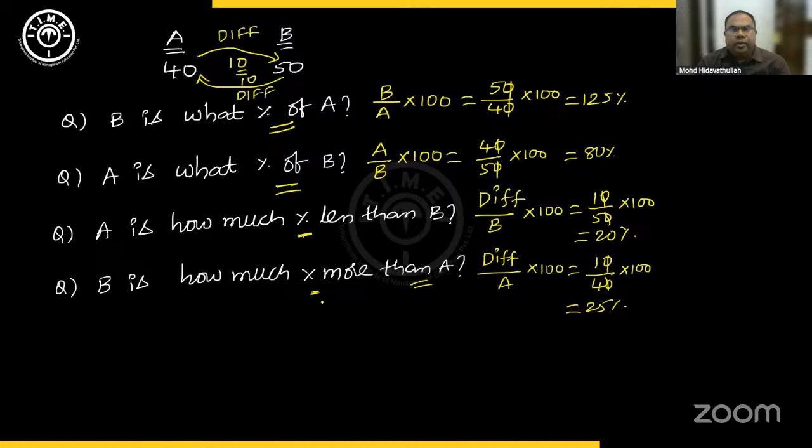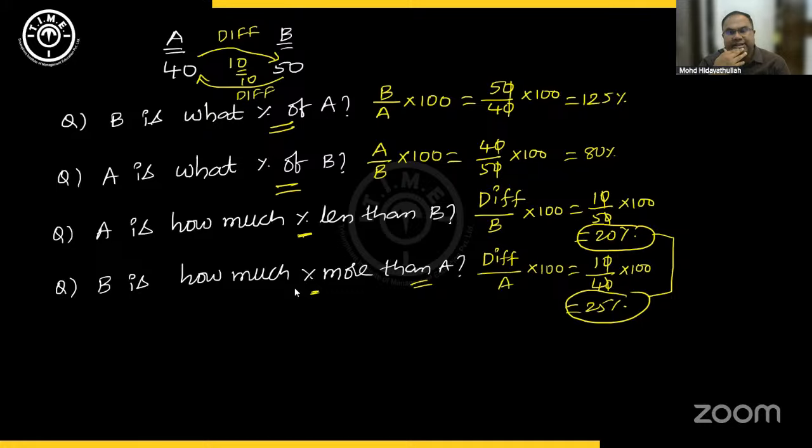Right? Now, when it is numbers, either way it is the same, no? A is 10 less than B, B is 10 more than A. But when it comes to percentage, A is 20% less than B, B is 25% more than A. Why is there a difference in percentage? Can anybody tell me why? When it is number, it is the same, but when it is percentage, it is different.